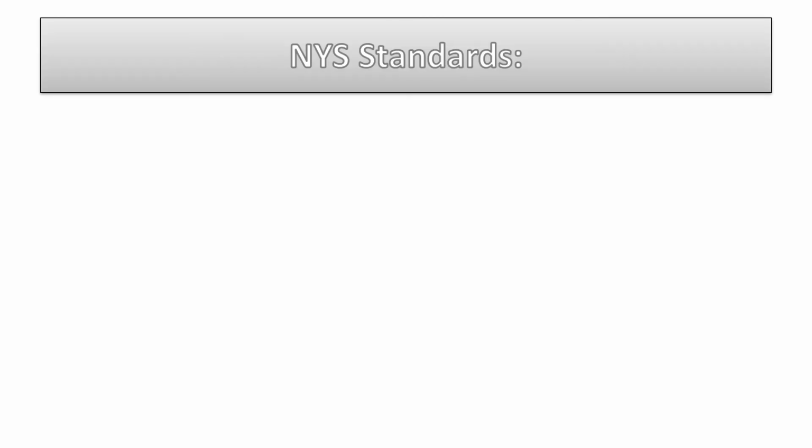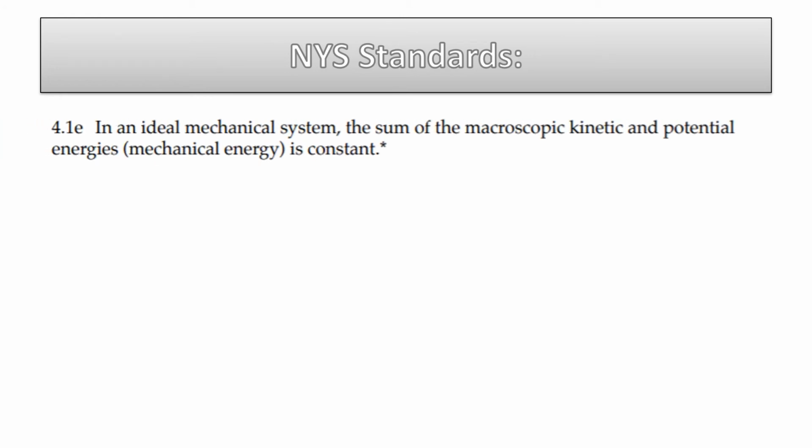All right, so one more question. I hardly ever pull out the New York State standards and just throw them in your face like this, but when we're talking about energy, it's kind of useful to look at. So for 4.1e, it says in an ideal mechanical system, the sum of the macroscopic kinetic and potential energies, the mechanical energy, is constant.